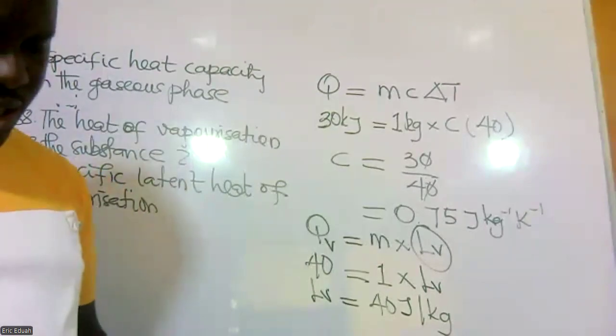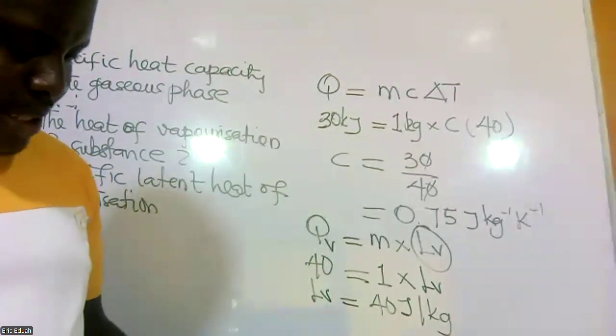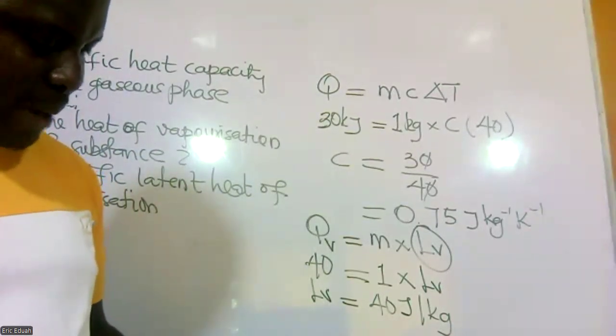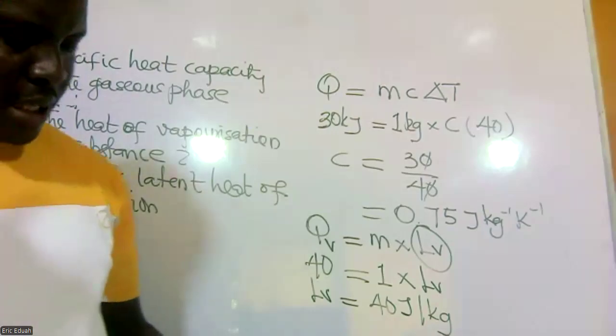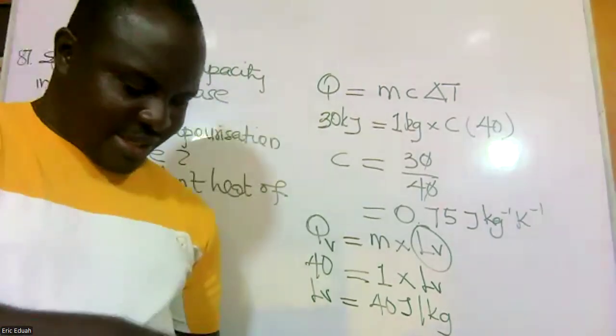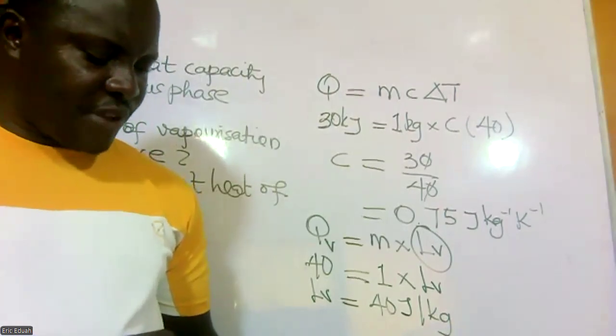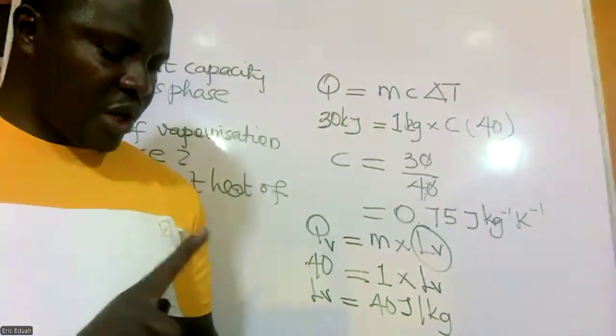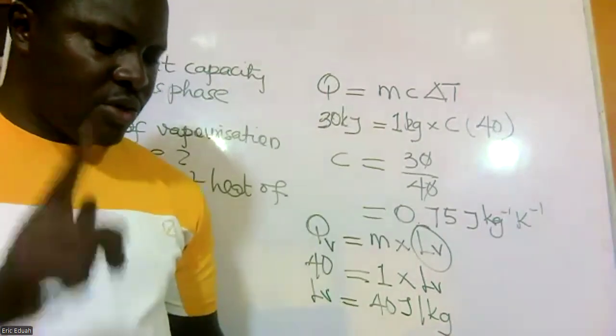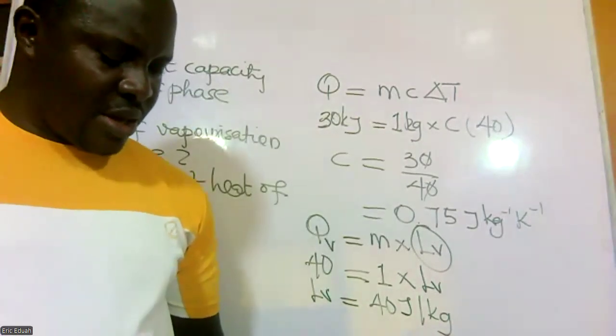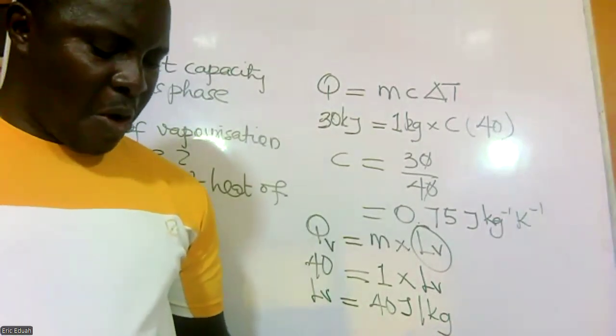Listen to the question again. Compared with the specific heat capacity of the substance in the liquid phase, the specific heat capacity of the substance in the solid phase or state, will it be less, will it be greater, or the same?